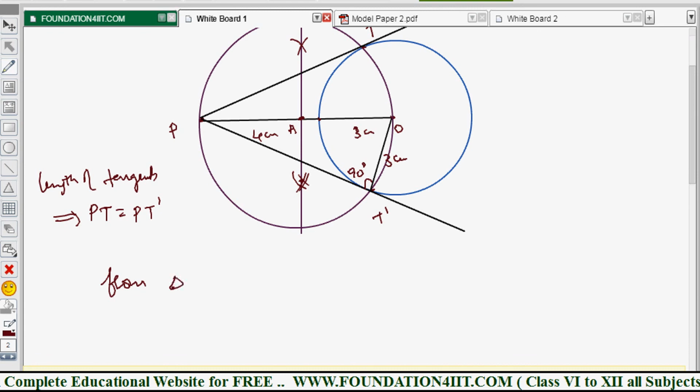Now if you observe triangle POT dash, because it is a right angle triangle, PO square is equal to PT dash square plus T dash O square. So PO square is 7 square, equal to PT dash square, this is the tangent, plus T dash O square, which is 3 square.